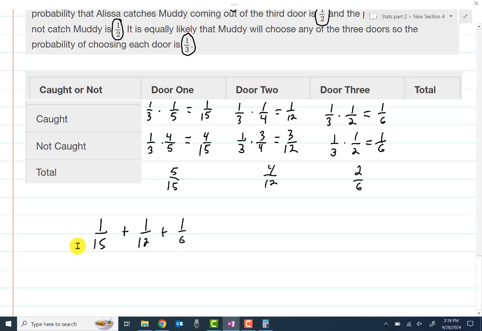If I double 30 to 60, I notice that 12 goes into that, and 6 goes into that. So 60 will work as a common denominator. So 4/15 is the same as 16/60, 3/12 is the same as 15/60, and 1/6 is the same as 10/60.